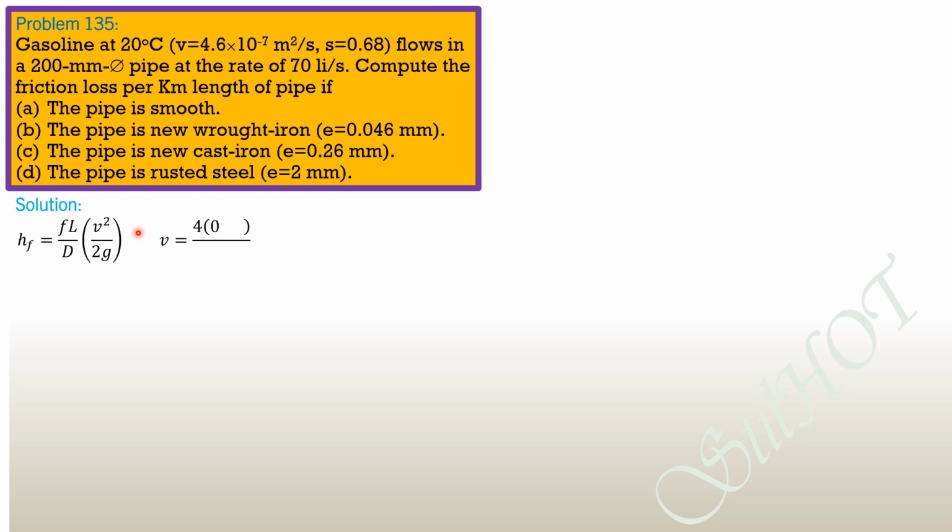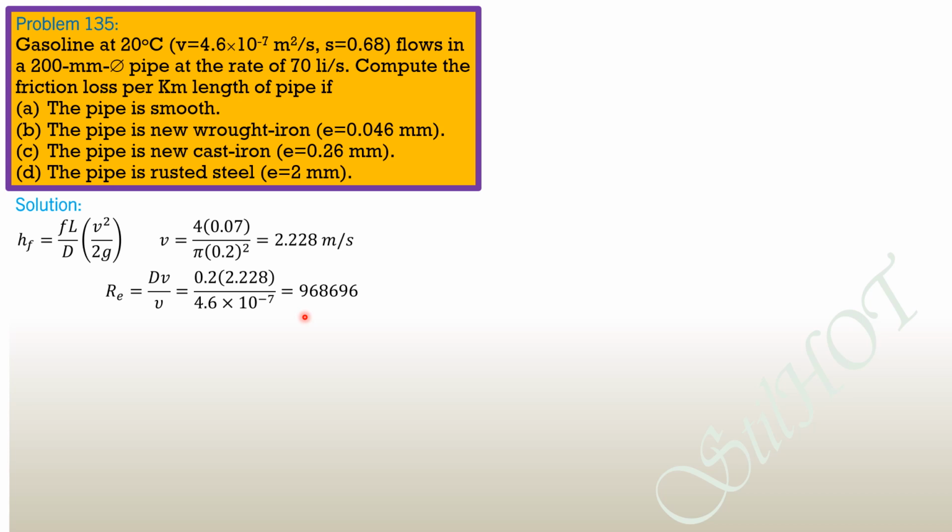And velocity is 4 times discharge, 0.07 over pi times 0.2 square, diameter is 0.2 meter. So 2.228 meters per second. Then the Reynolds number, which is diameter times mean velocity of flow over kinematic viscosity, 0.2 times 2.228 over 4.6 times 10 to the negative 7. So that's 968,696. That's the Reynolds number, which is high.